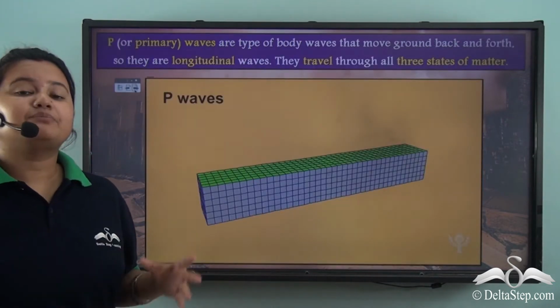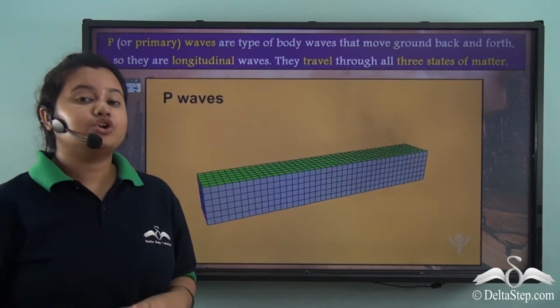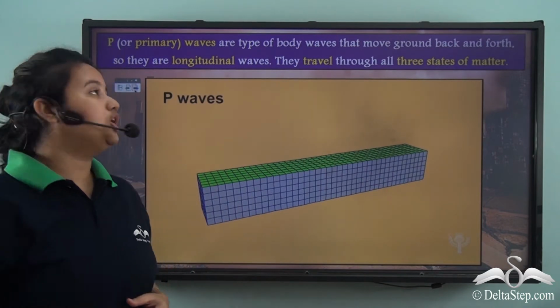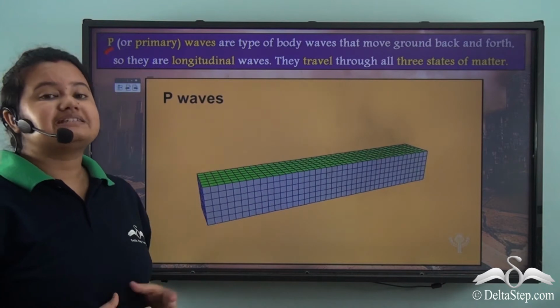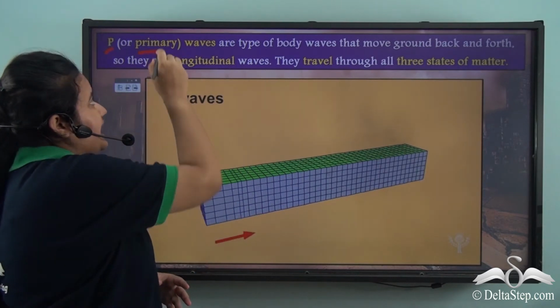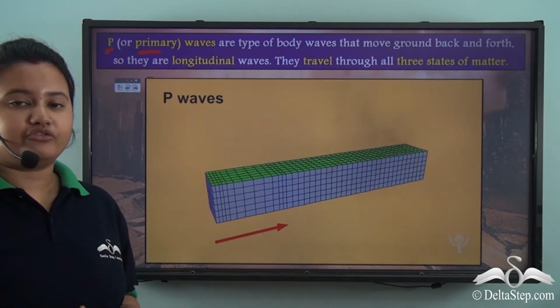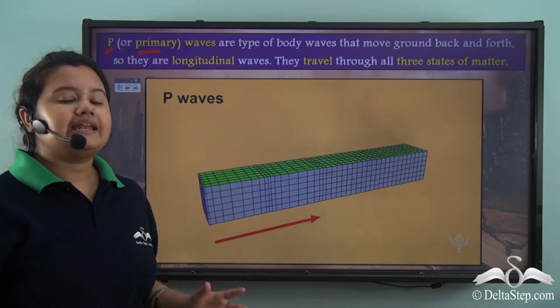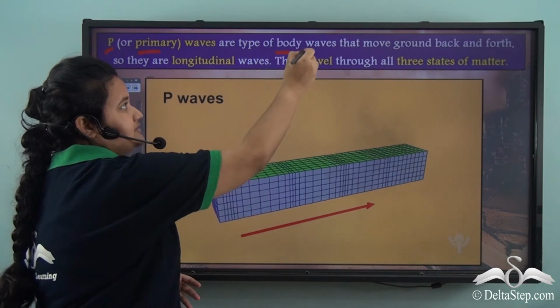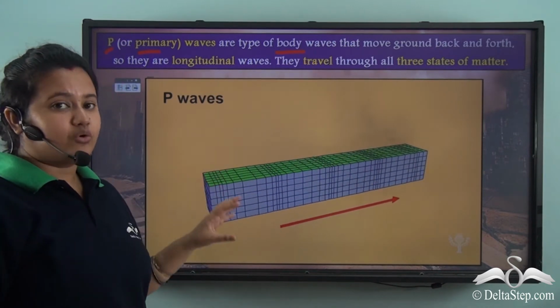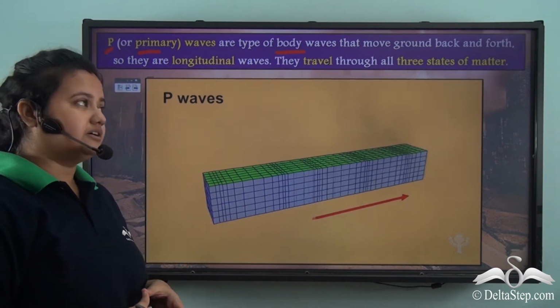The first type of seismic wave that originates at the focus is called the P wave. Here, the letter P stands for primary, as they are the first type of waves to be recorded at any seismic station. P waves are body waves as they originate at the focus and travel inside the earth.